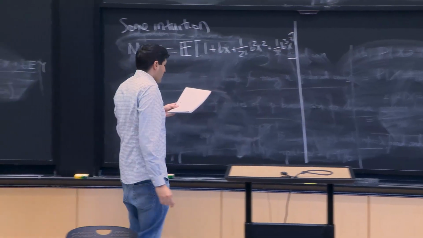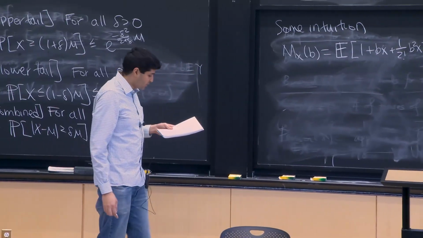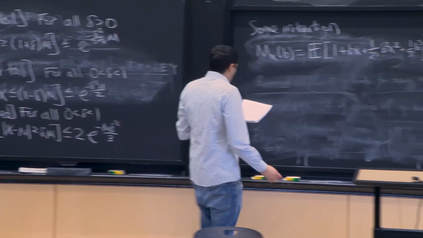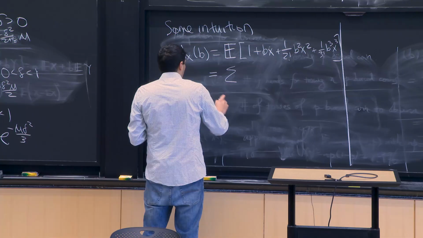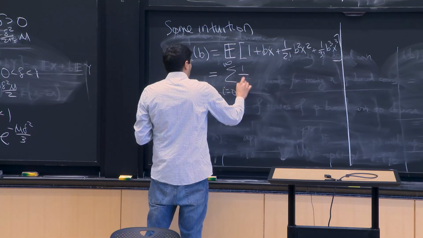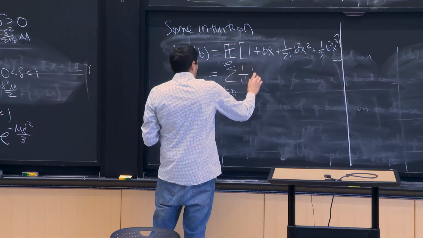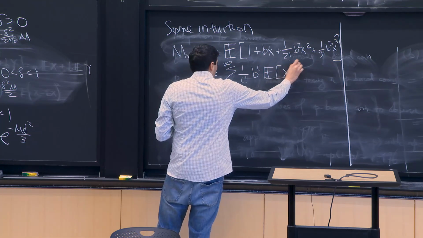So if we just take the Taylor expansion of our exponential function, this is what we get. And now we can use linearity of expectation, and this is the same thing as the sum from i equals 0 to infinity of 1 over i factorial b to the i, the expectation of x to the i.